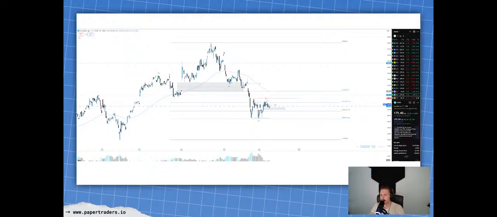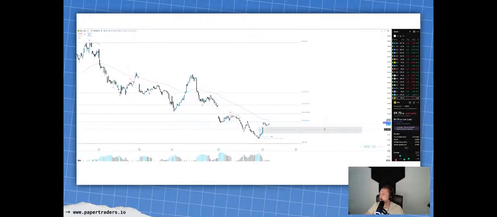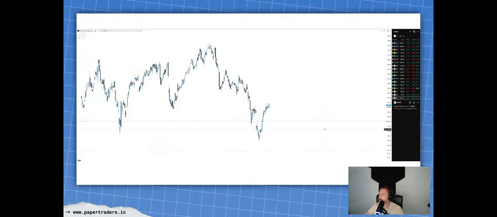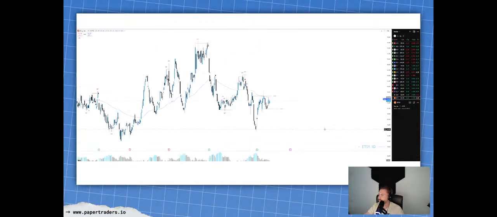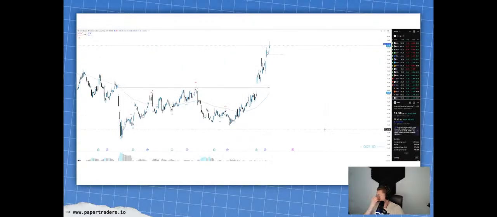To the end of the week, with the top of the daily FVG. So that one could give us something to the upside. ZZ. Yeah, nothing else really. Nothing crazy out here on the markets, honestly.